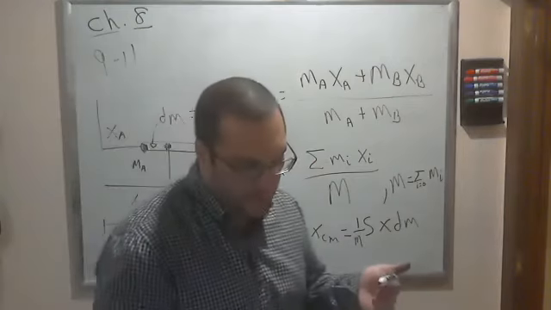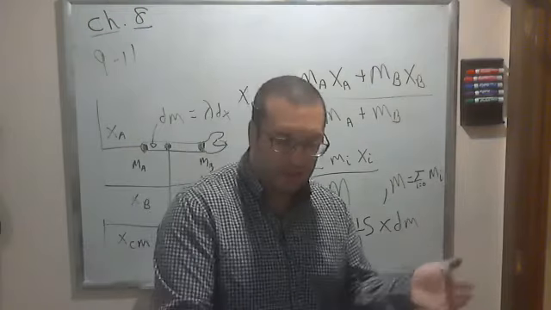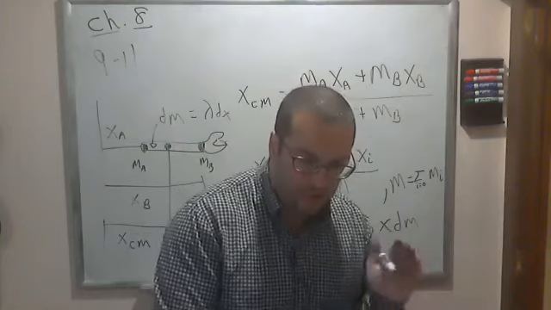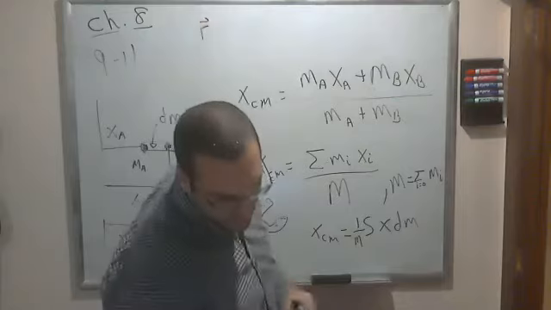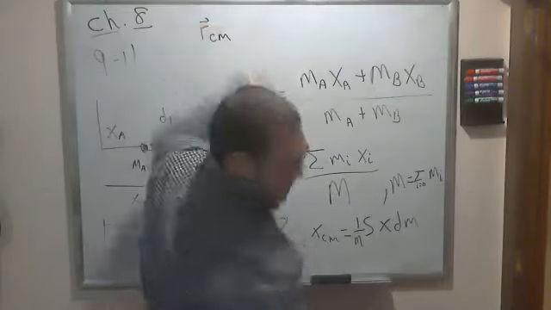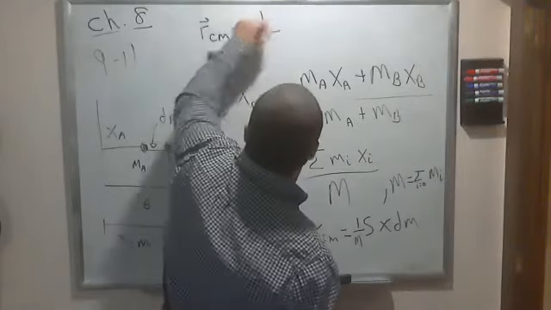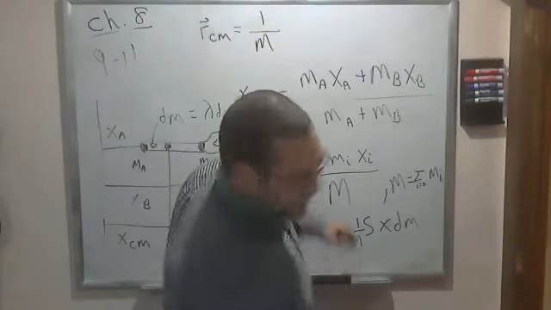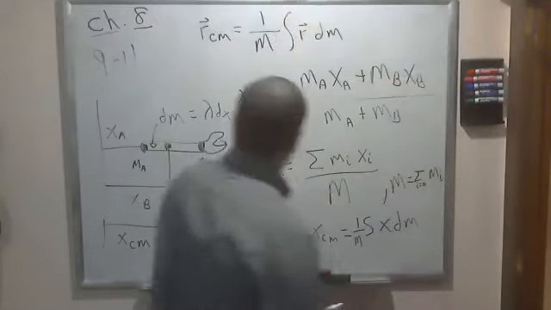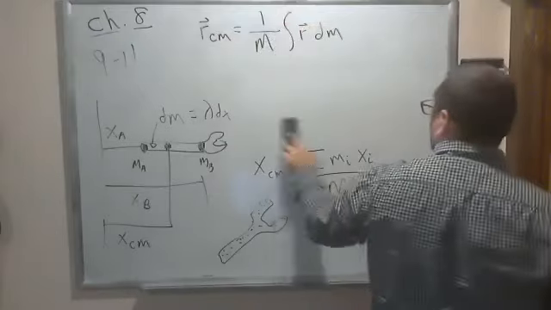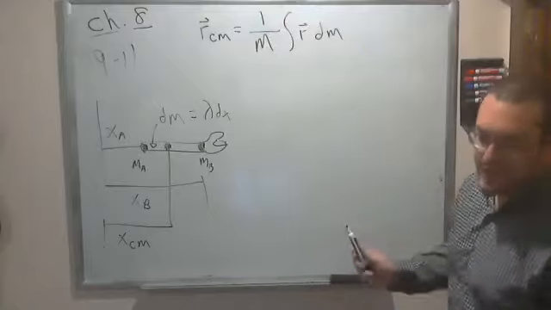So you could separate the center of mass of each coordinate and take the average in each dimension separately. And in the most general sense, the center of mass position of an object is equal to this. Now here, what does dm mean?